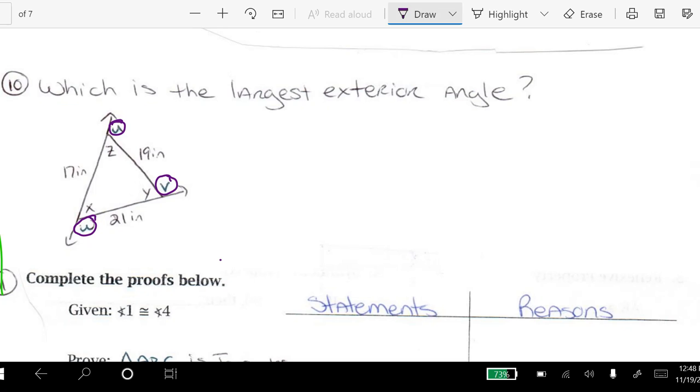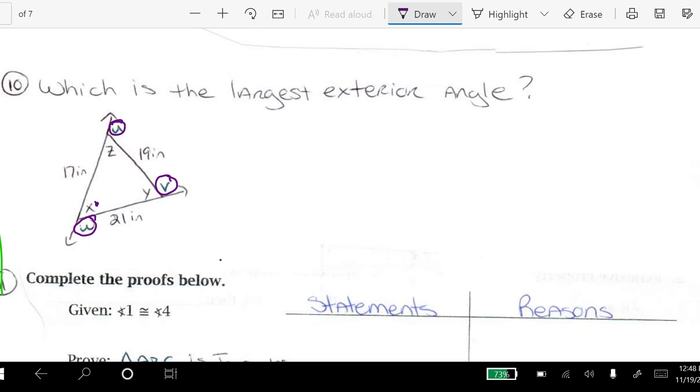So if I want to know the largest exterior angle, what I should be looking for is the smallest interior angle. Because the smaller the interior angle, the bigger the exterior is going to be.